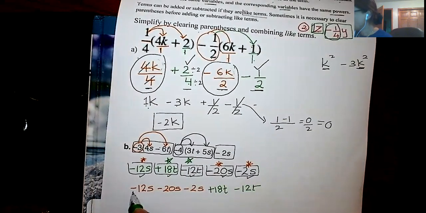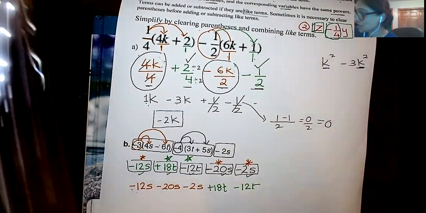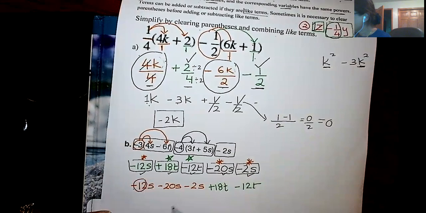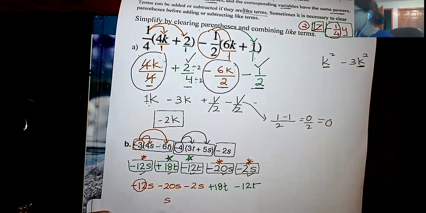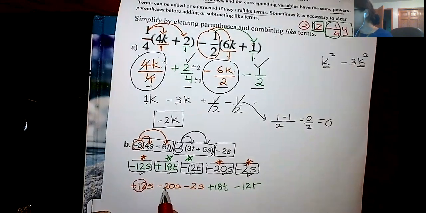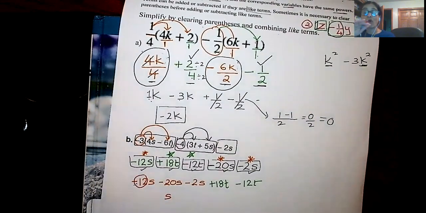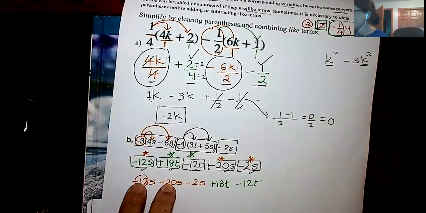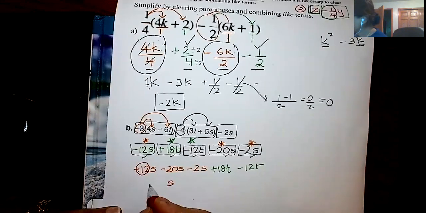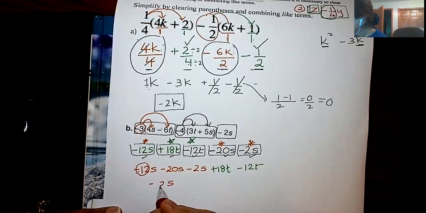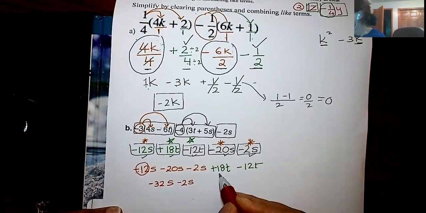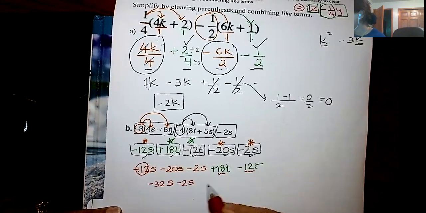Now to combine, all I need to look at is just the coefficient. So it will be s, but -12, -20, -2. They all are subtractions. So let me go from left to right. -12 plus -20 will be -32s, then -2s. Plus 18t minus 12t, it'll be a t.